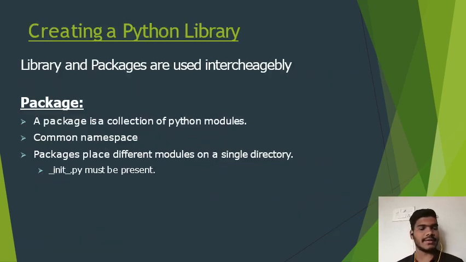Creating a Python library. Library and package are used interchangeably. A package is a collection of Python modules. Common namespace packages place different modules in a single directory. __init__.py must be present; init means initialize.